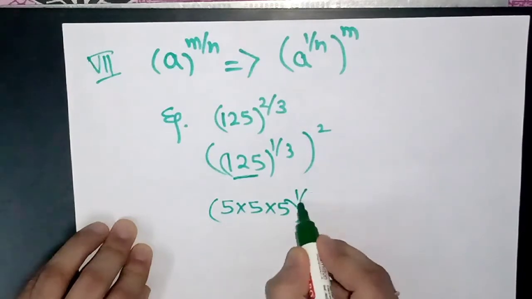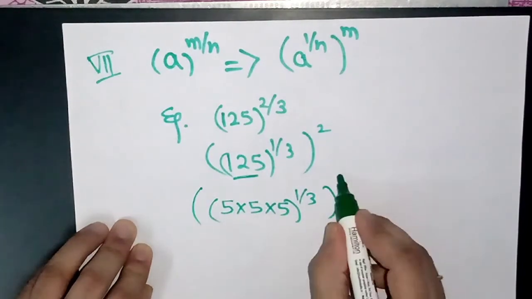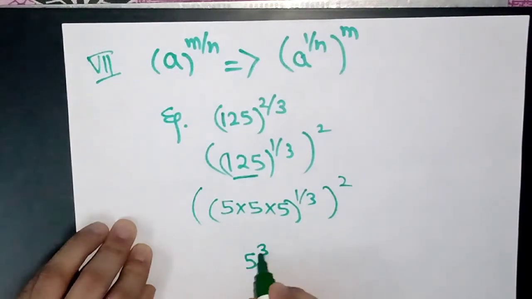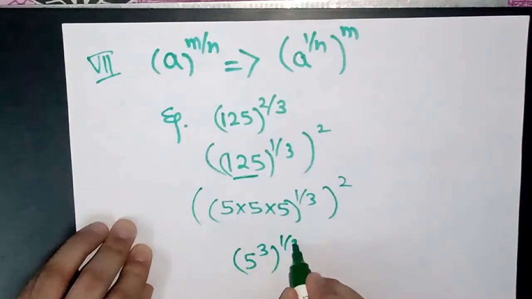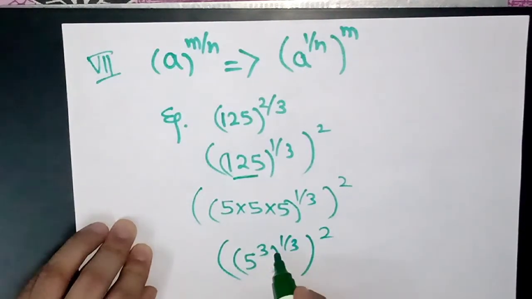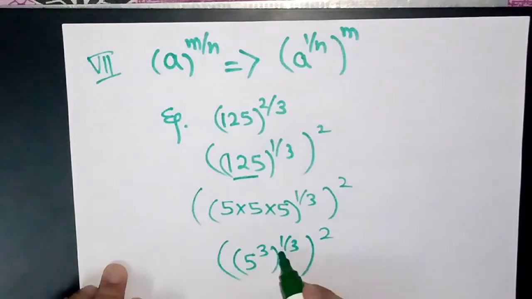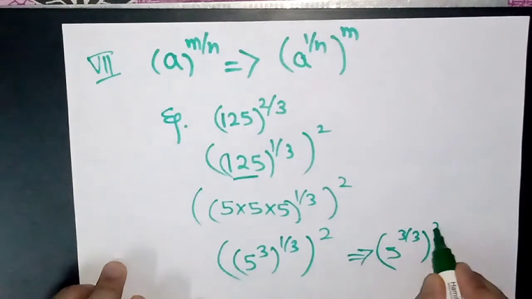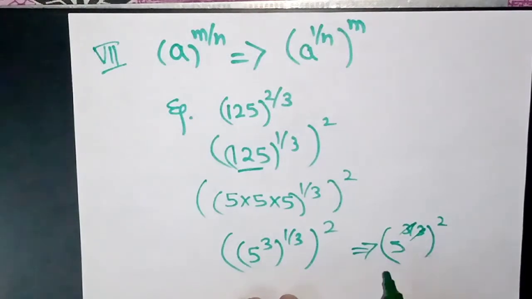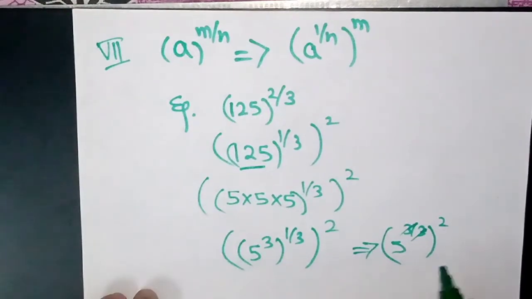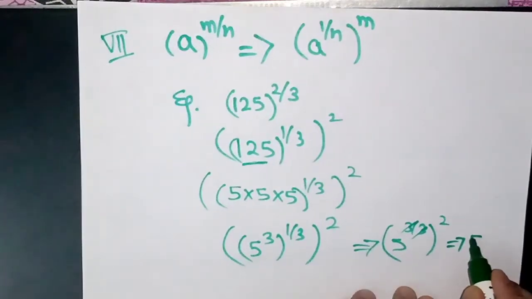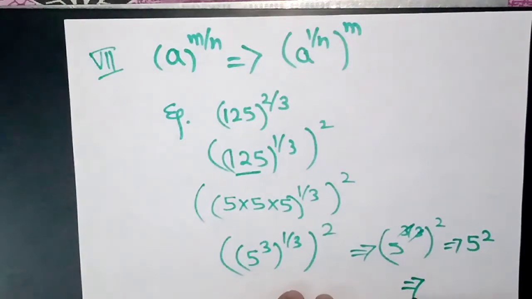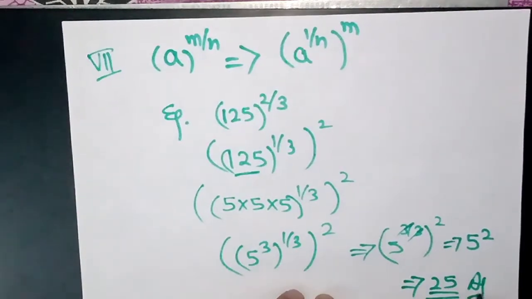So it is 5 cube to the power 1 by 3, squared. Now remember, the powers can be multiplied, so this is 5 to the power 3 by 3 into 2. The 3s get cancelled, so we are finally left with 5 square, which is equal to 25. That is the answer.